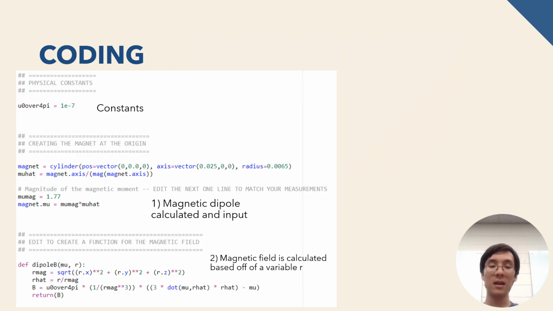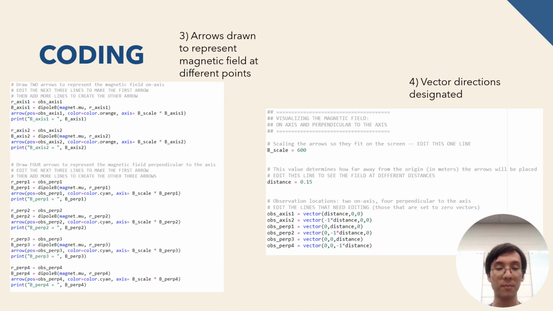Here's the code that I used to simulate this behavior. We start by designating some constants and the magnetic dipole as calculated. We then calculate the magnetic field based off of a variable r, so we can apply this function later in the code to find the magnetic field at certain points.